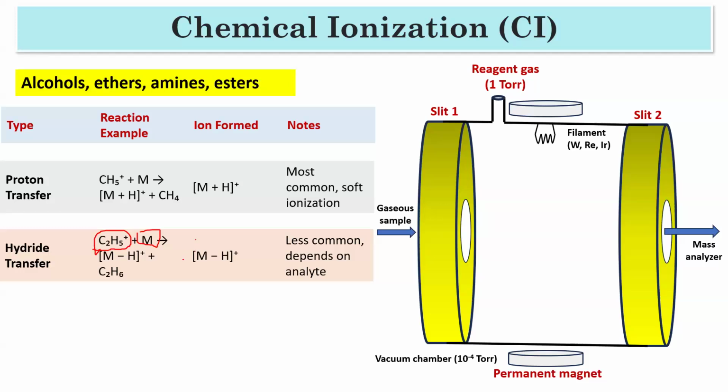We can also generate M minus H plus. So you see, we are not removing an electron from the molecule, but we are attaching a proton. So it's called a soft ionization method. And because it now becomes ionic, you can easily measure the mass of this analyte in ion form.